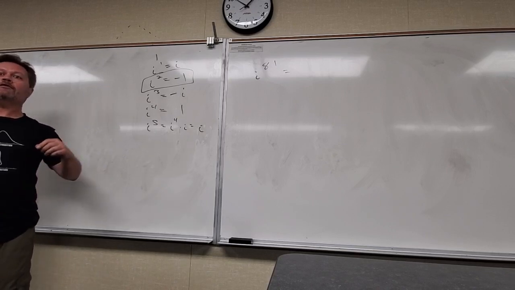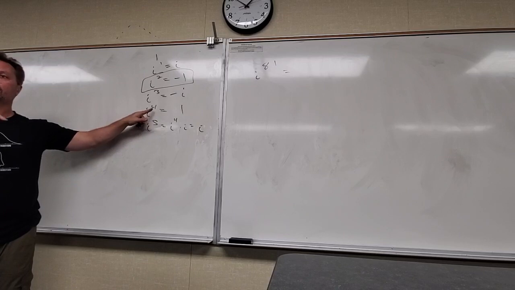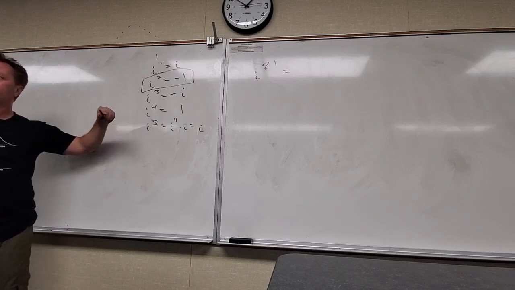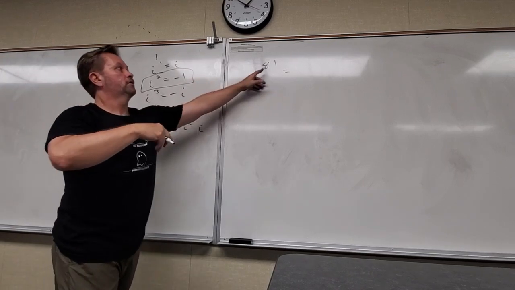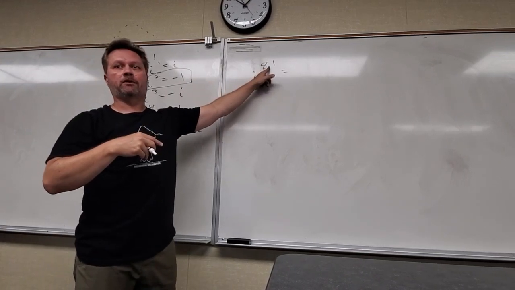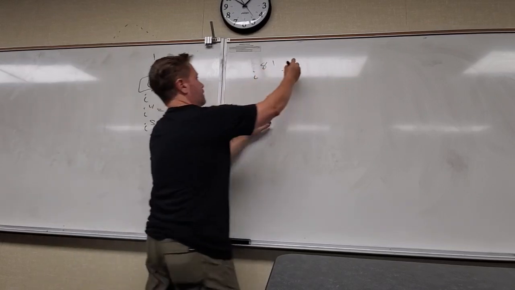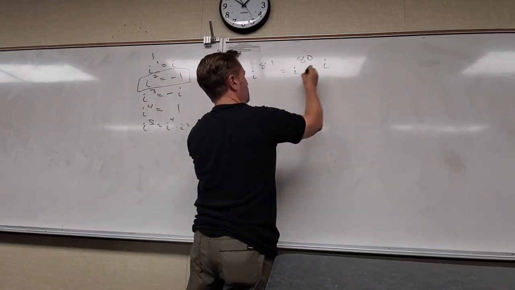Every time you get to a fourth, you get back to 1, correct? So 20. Good. What's the remainder when you divide by 4? Isn't this i to the 80th times i?